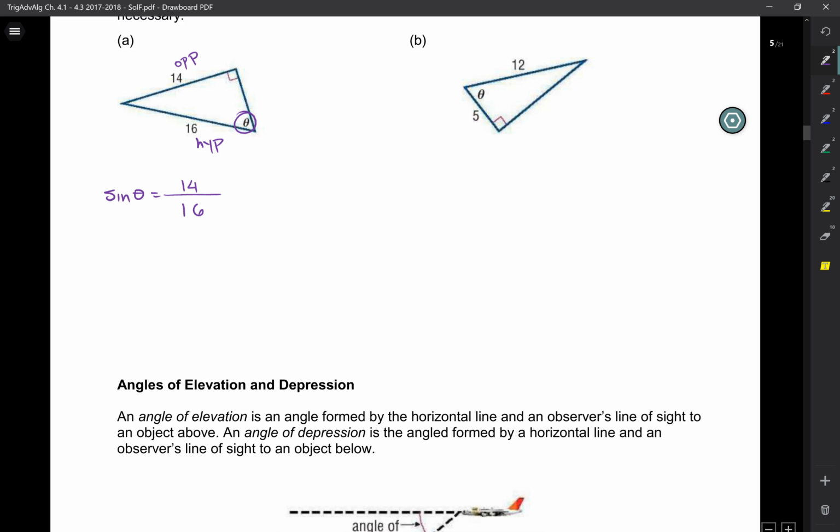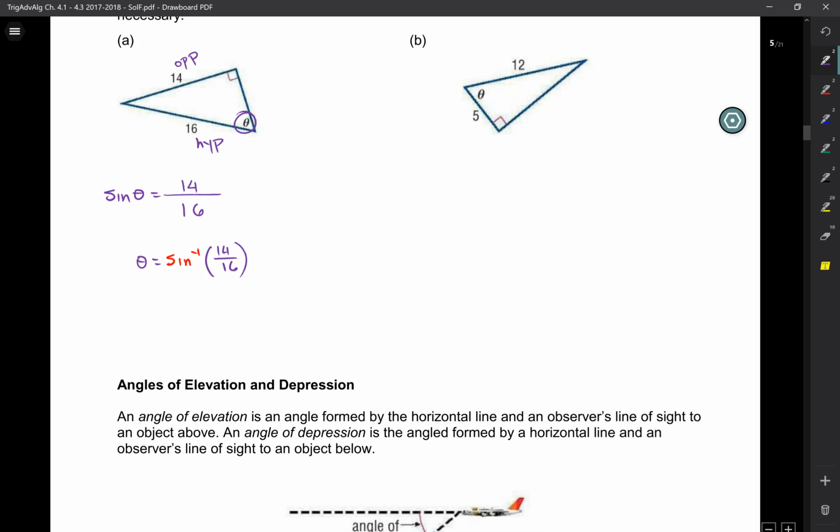I know at this point everybody has the urge to simplify the 14/16 to 7/8. Guess what? Because this is still an intermediate step, you don't have to waste your time doing that, because my final goal is to find theta. But I love that everybody is so eager to do that. I need to find theta. So what would theta be here? Inverse sine of 14/16.